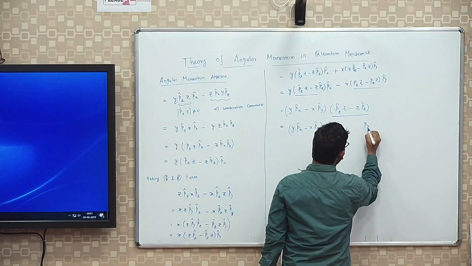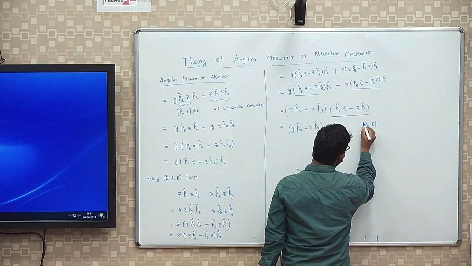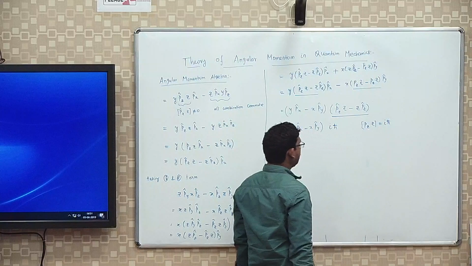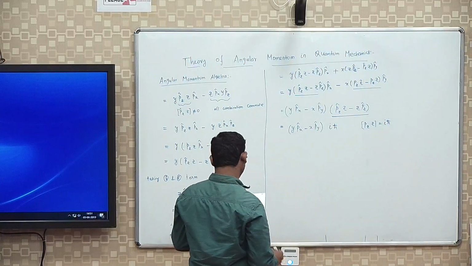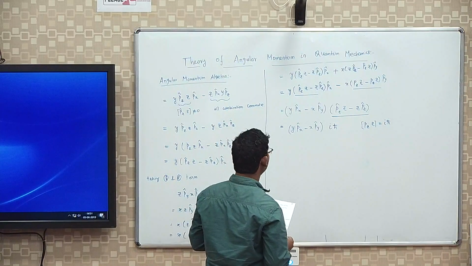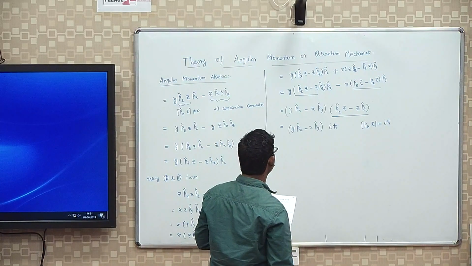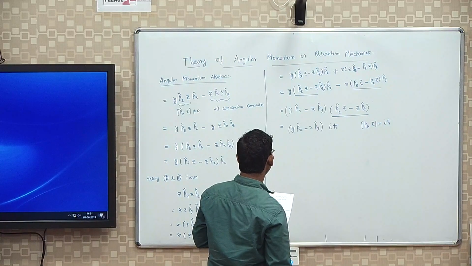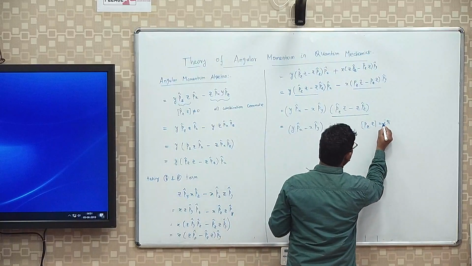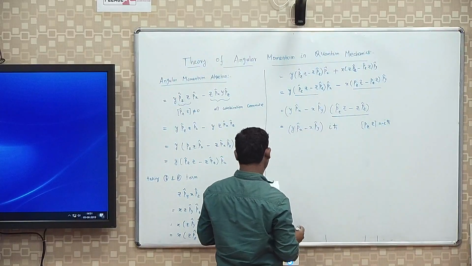That means pz commute with z will give you i h cross. That means the momentum of the particle, minus i h cross.